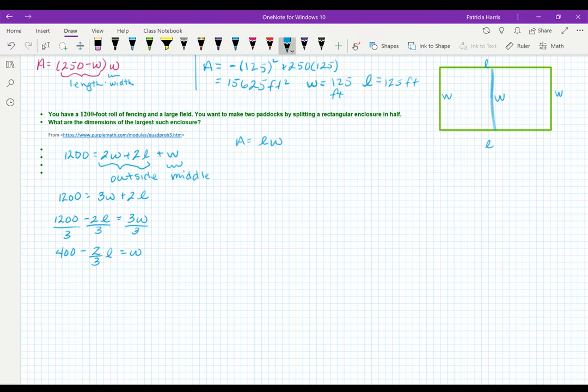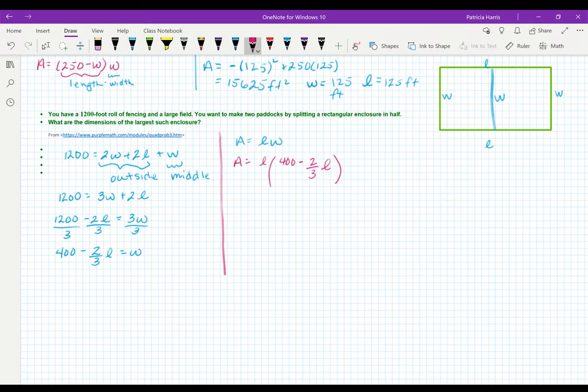So now what I'm going to do is substitute that into my area formula and try to find a maximum. Now another way to find a maximum, if you don't want to use the formula, you can always go to Desmos. But sometimes you can spend so much time messing around with the window to get it to look how you want that it makes things more difficult.